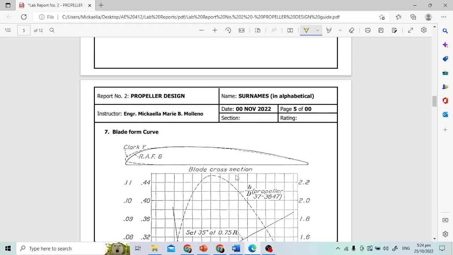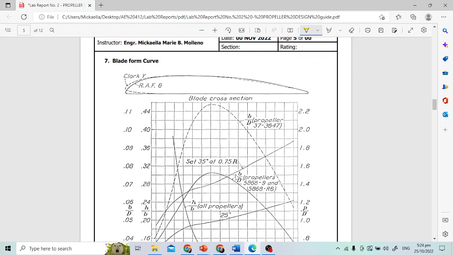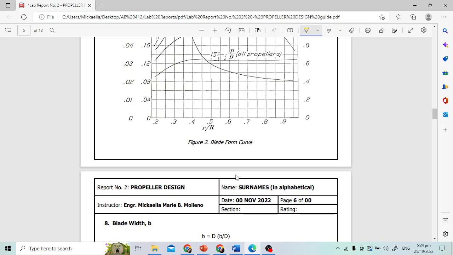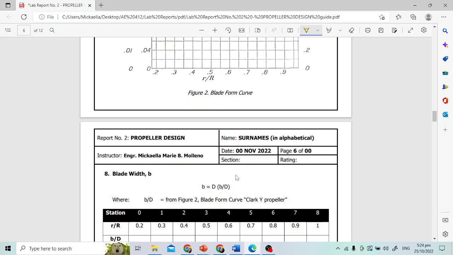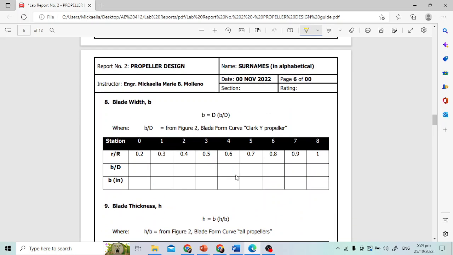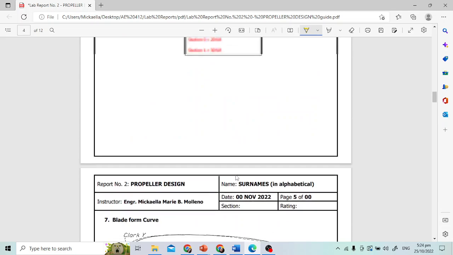So, the next part is part 7. For part 7, we would be using the curve. So, just kindly paste this blade form curve. Now, saan natin gagamitin yon to get our first the blade width per station. So, diba, na-station na natin siya from our previous part.